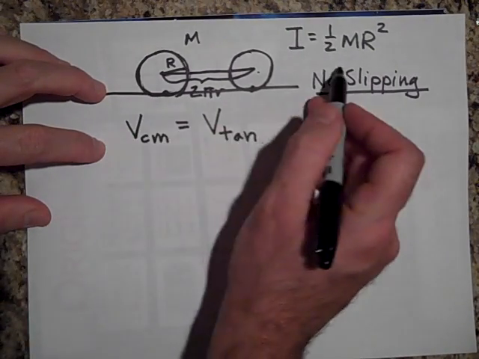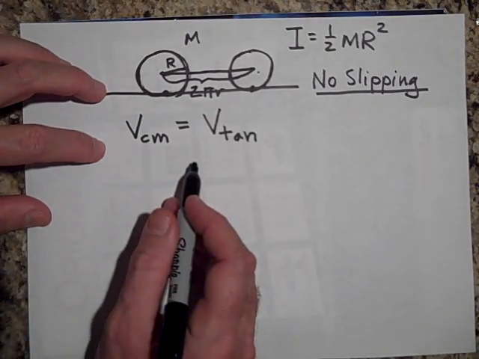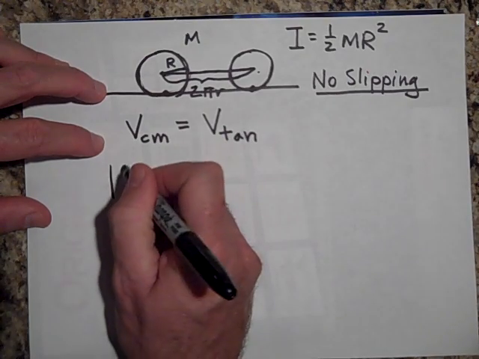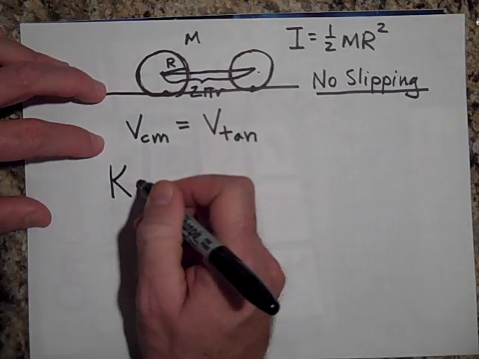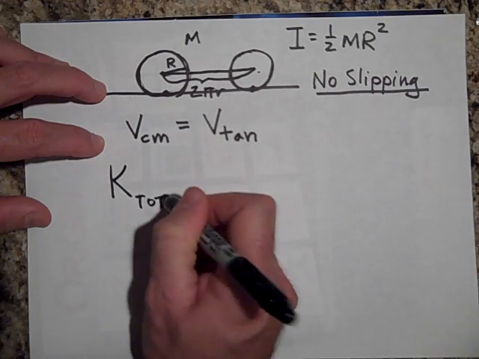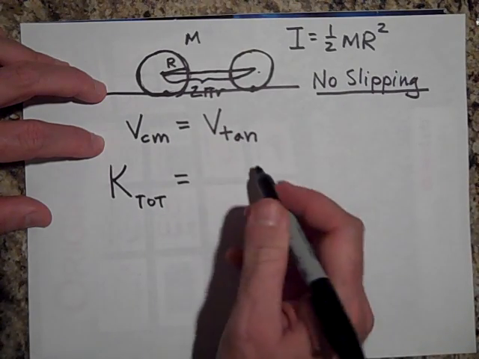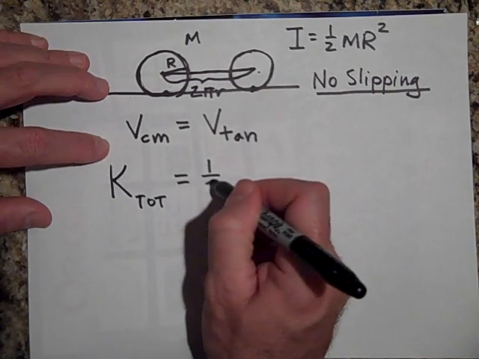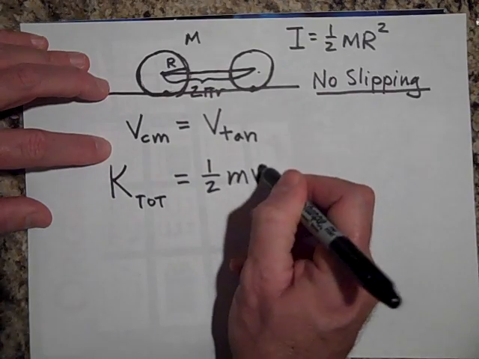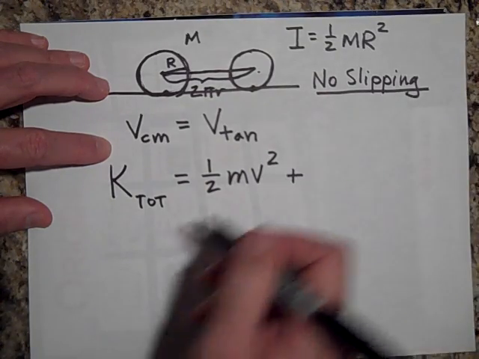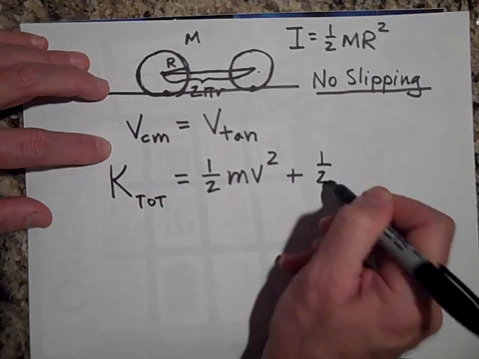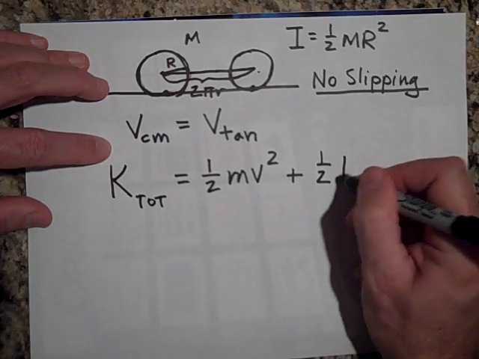Something that's rotating and moving along has two energies. So the total energy of this thing is it's got 1/2 mv squared, and it's got 1/2 I omega squared.